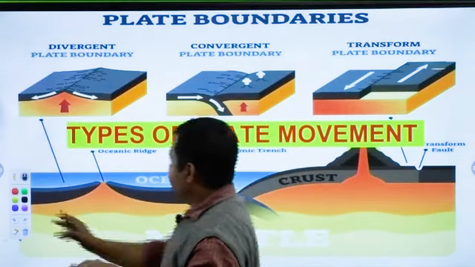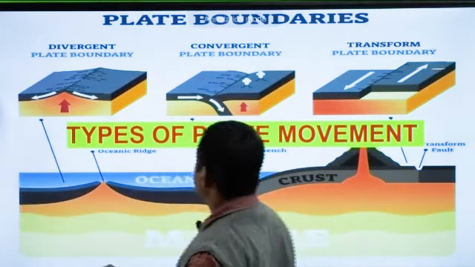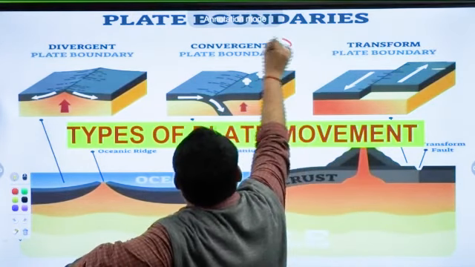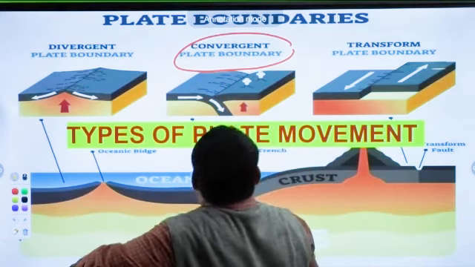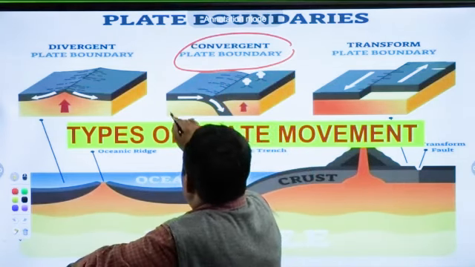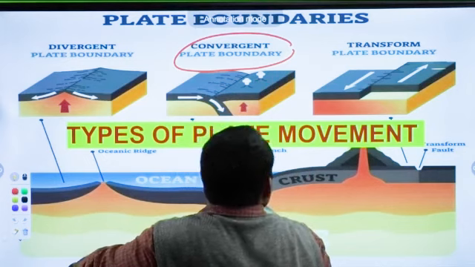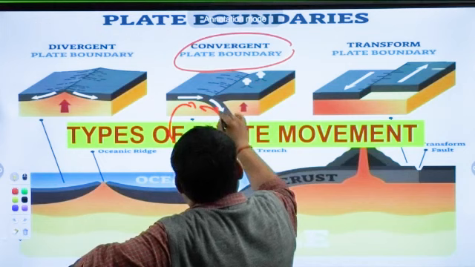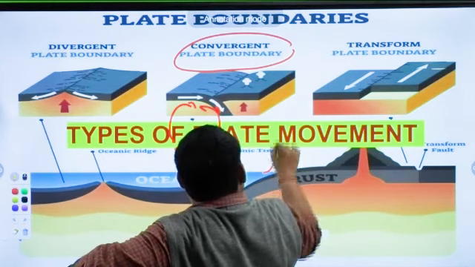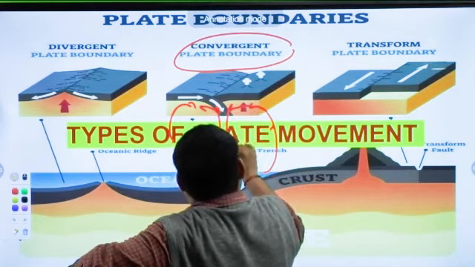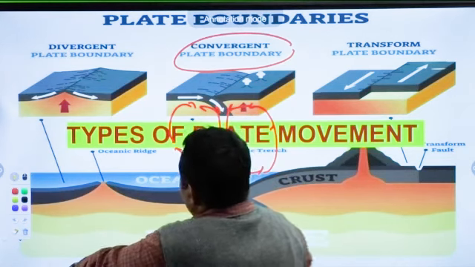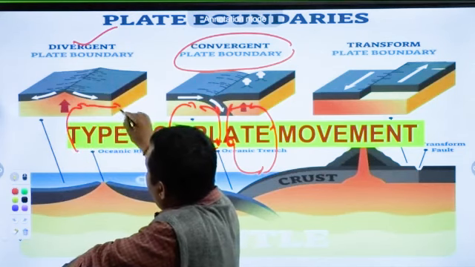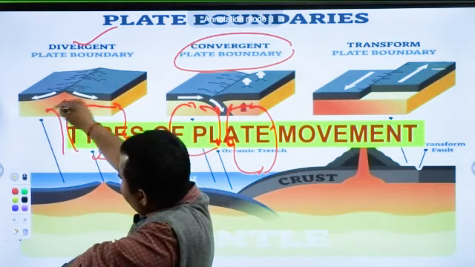So types of plate movement you can see here. This is called a convergent plate boundary. In this case there is convection of magma. Magma moves towards each other in this way. But in the case of diverging plate boundaries, magma flows in opposite directions.